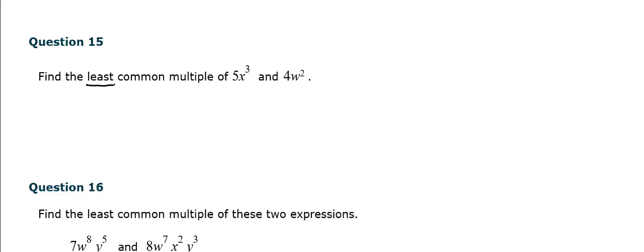So in finding the least common multiple, we use every factor the most times it occurs in any of the factorizations. So when we break down each term, we have 5 times x to the third, and 4w squared is the same thing as 2 times 2 times w squared.